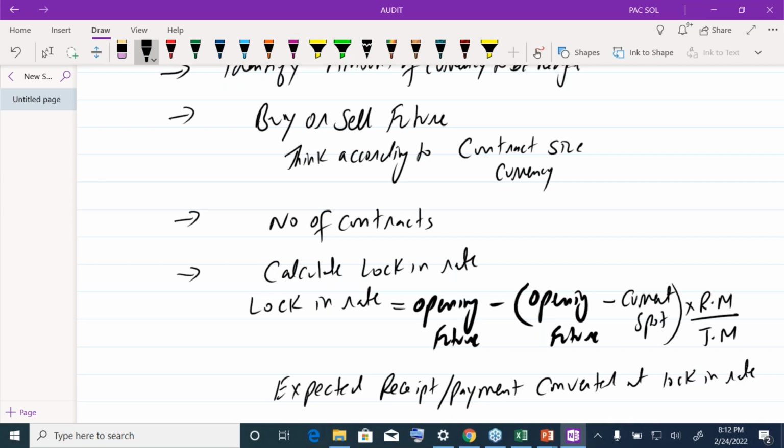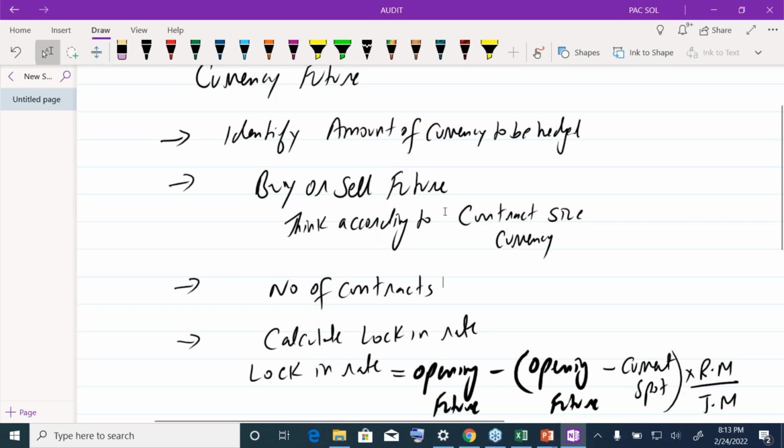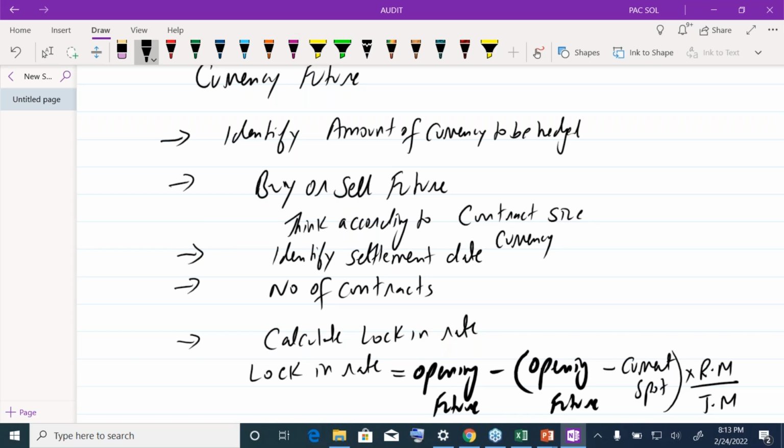So guys, future is very simple. You have to follow these steps. Number one, identify the amount of currency to be hedged. Number two, identify buy or sell future. You can add another step, identify the settlement date, whether it is a March contract, June contract, or September contract.